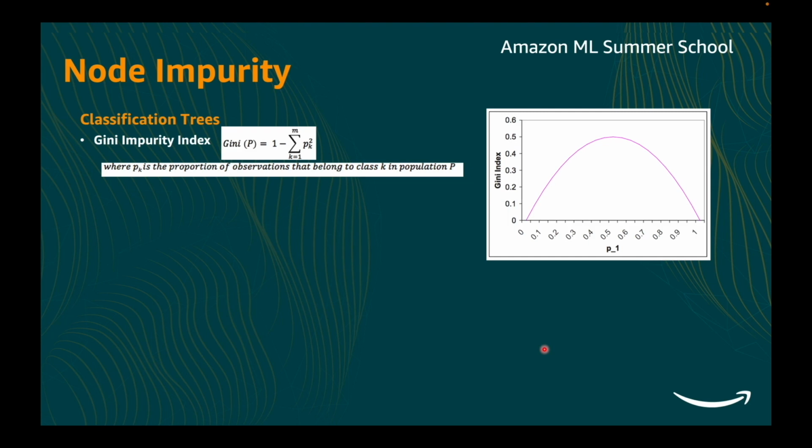Taking the node in, let's say, the right subtree, we calculate the Gini impurity value using 1 minus the square of the fraction of examples falling into each class, summed over all classes.